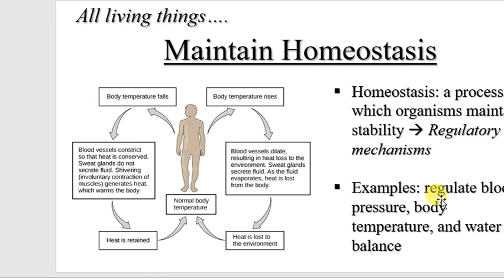So you can think of when you're exercising and you start getting very warm, body temperature rises. So at that point, your blood vessels dilate, which allows the blood vessels to actually come closer to the surface of the body, which allows for additional heat loss through the skin to the environment.